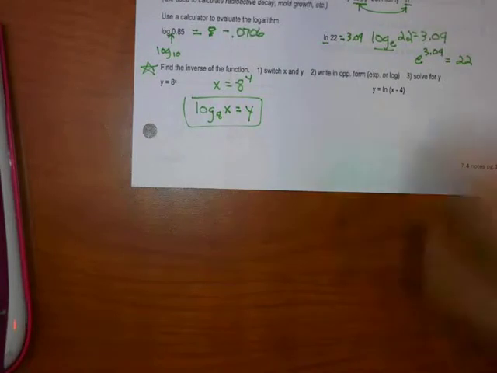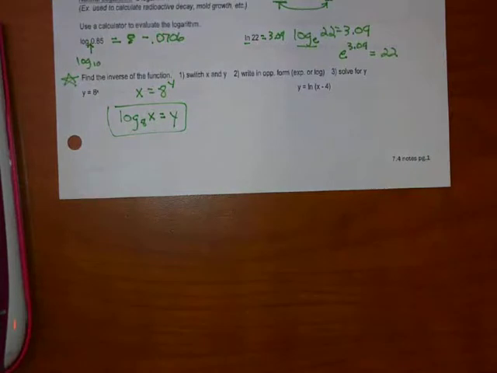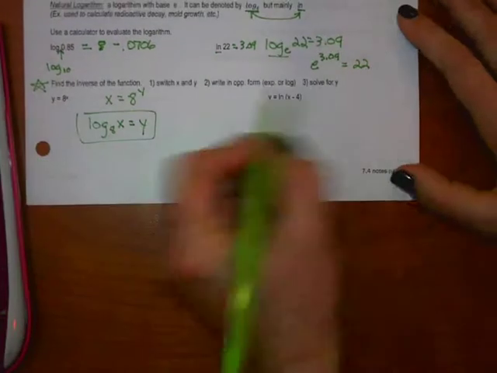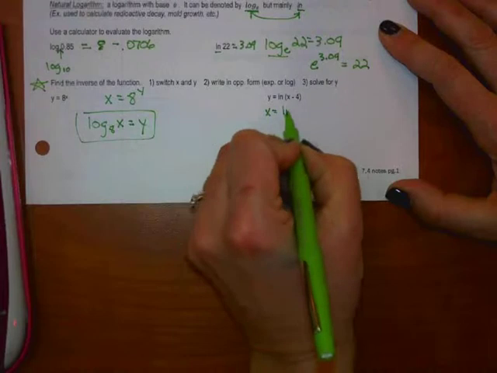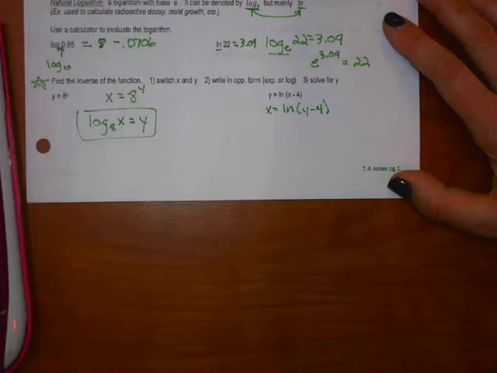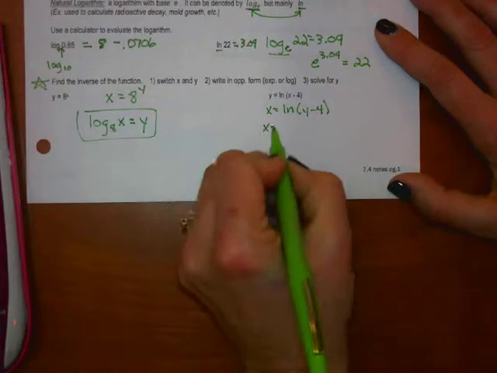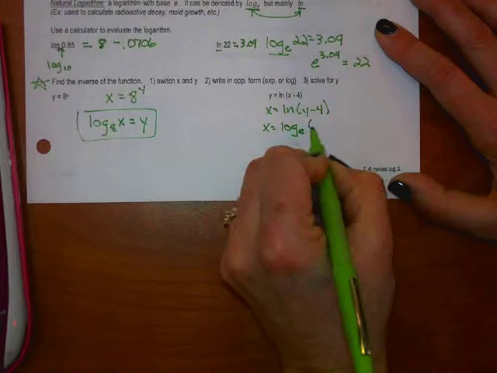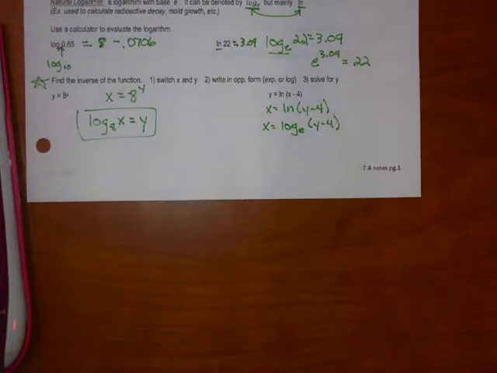Okay, let's do another one. You see ln, you should automatically in your head think I can write that with log base what? e. And that's what you should do first. Well, actually, first let's switch x and y. So I switched x and y. Now, in order to write it in exponential form, I'm going to write it in log base e, because ln and log base e are the same. Okay, now we're going to switch to exponential form.